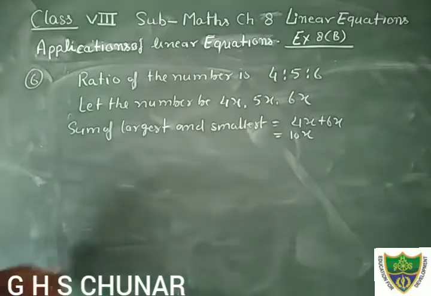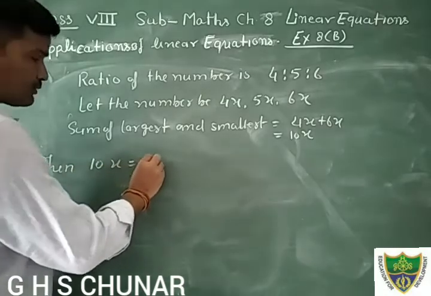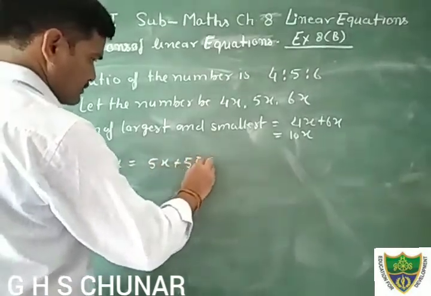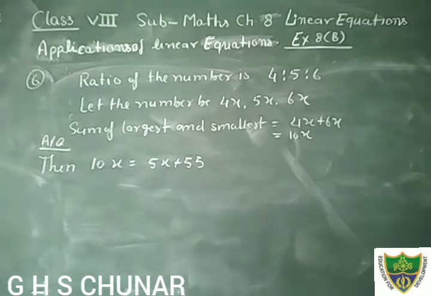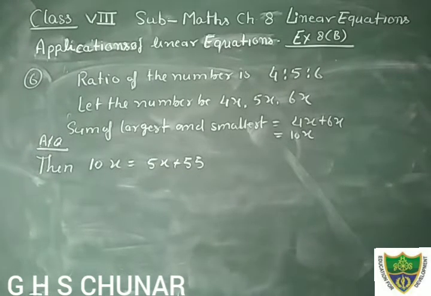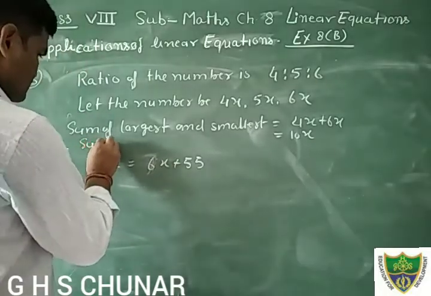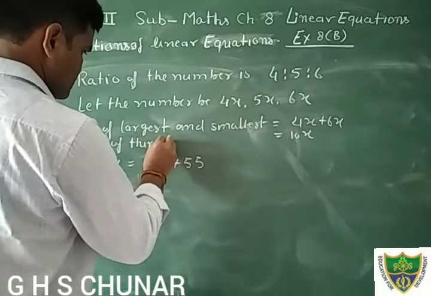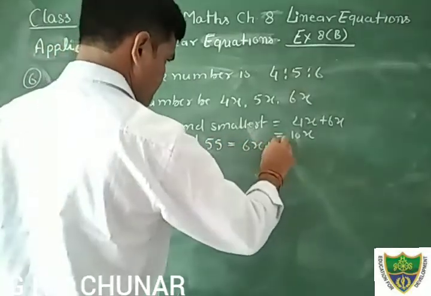According to the question, 10x is equal to the sum of the third and 55, that is 5x plus 55.